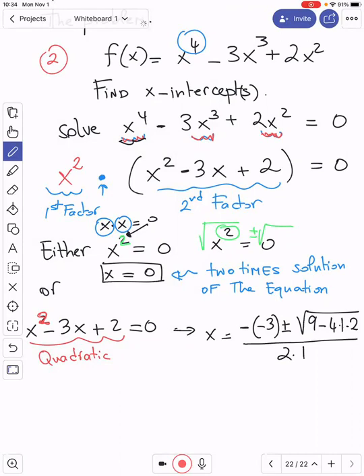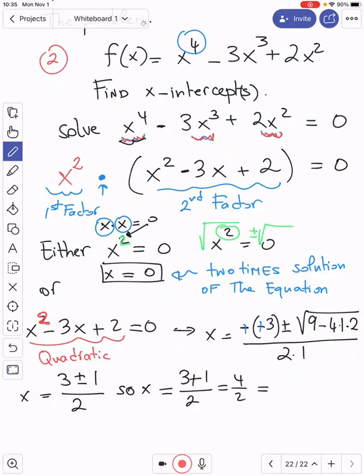All right, so then x is minus negative 3, so that'll be plus 3, right? So that's positive 3 plus or minus square root of 9 minus 8. That'll be square root of 1, it's 1. So that's 3 plus or minus 1, the whole thing divided by 2. So there will be 2 solutions, right? So either x is 3 plus 1 over 2. So that'll be 4 over 2.